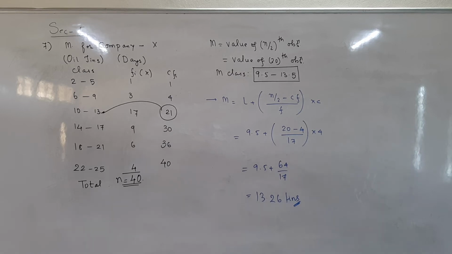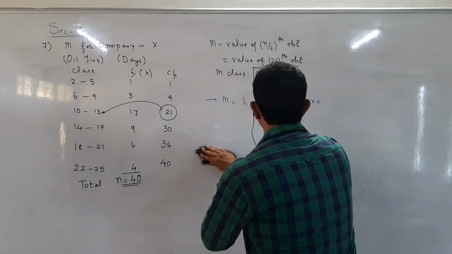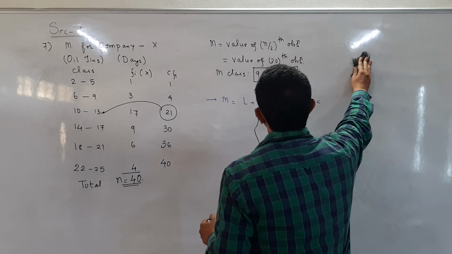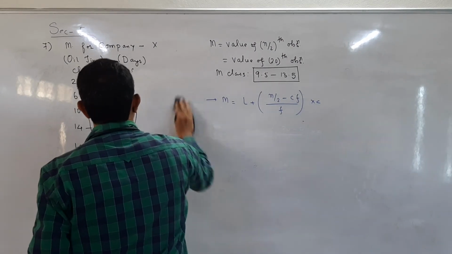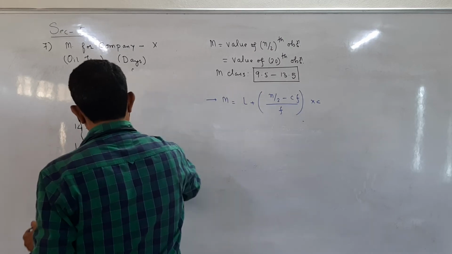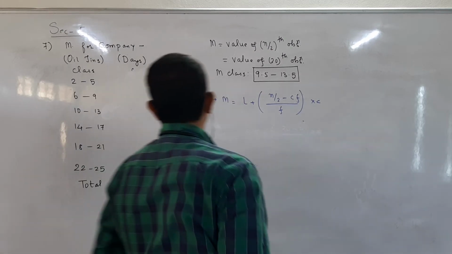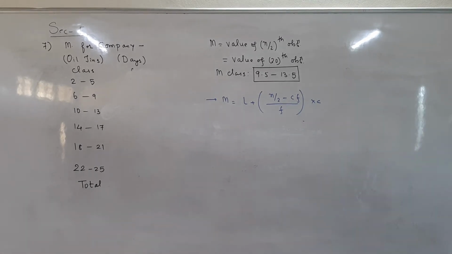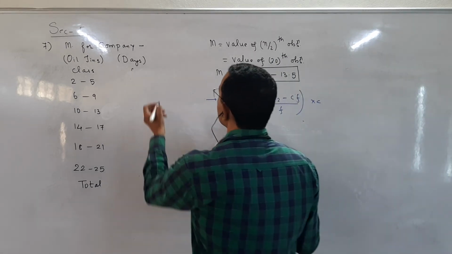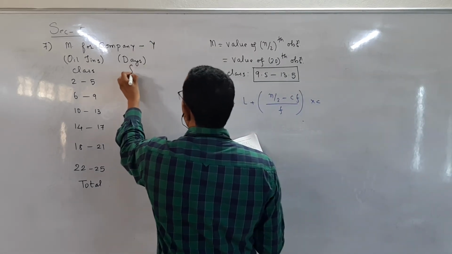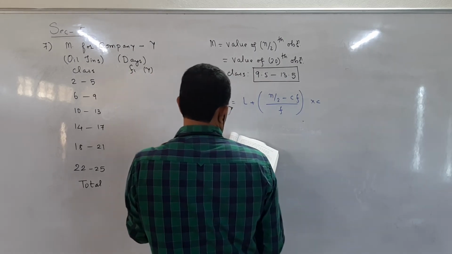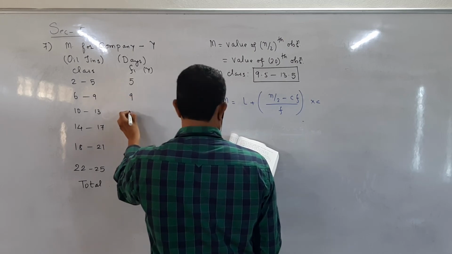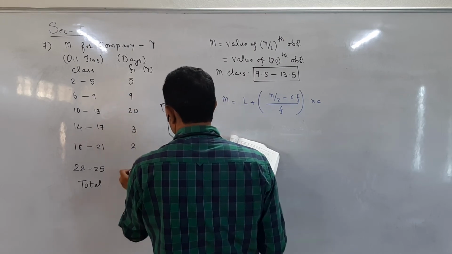Let us repeat the entire thing for company Y. Remember this also, but here the frequency and everything will change. Now we are finding the median for company Y. The frequencies for Y are 5, 9, 23, 2, and 1.